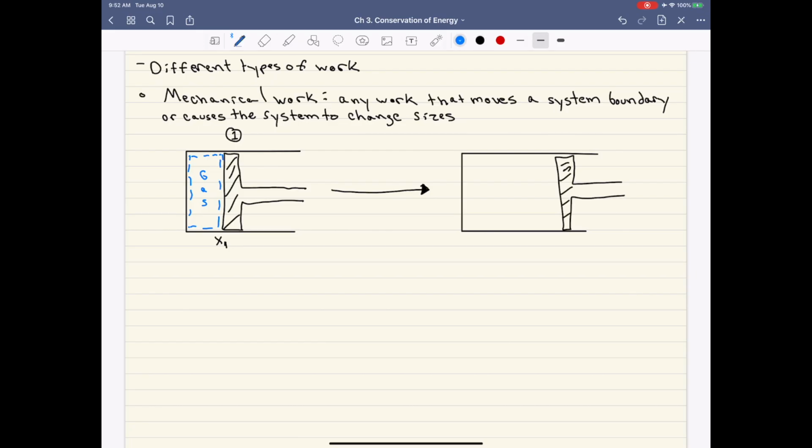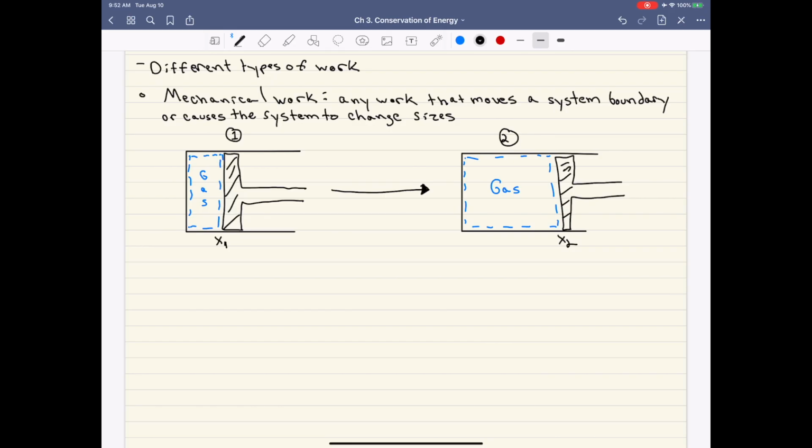And so instead of taking up a distance x1 between the wall of the cylinder and the piston, the gas now takes up a distance of x2. Okay? And so we'll call this state 2.